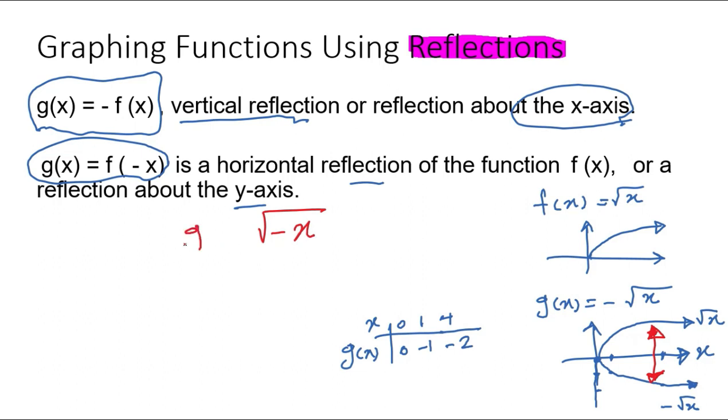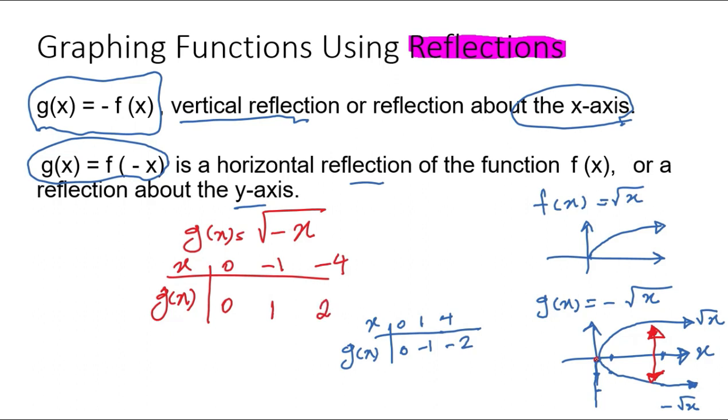If I want to find f of minus x, that means square root of negative x, then if I give points x and g of x, I cannot give positive numbers, so 0, negative 1 and negative 4: 0 and 0, negative 1 and 1, negative 4 and 2.